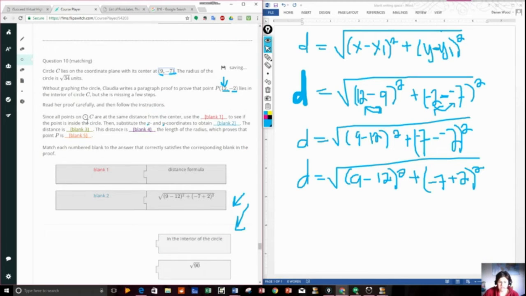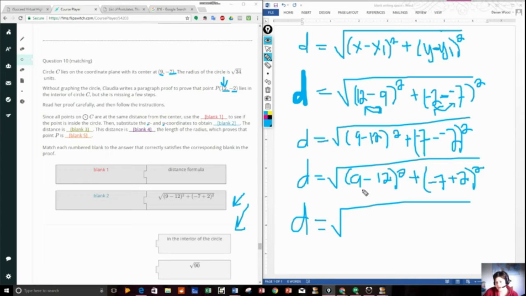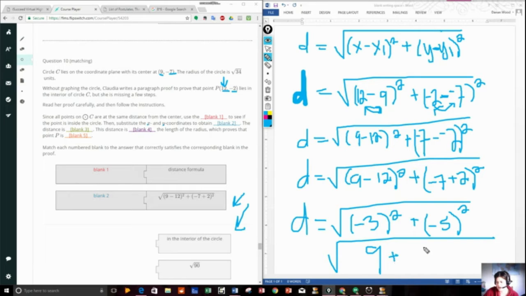The distance is blank. Okay, so what is the distance? D is going to equal the square root of 9 minus 12, which is a negative 3, squared, plus negative 7 plus 2, which is a negative 5, being squared. Negative 3 squared is 9 plus negative 5 squared is 25.